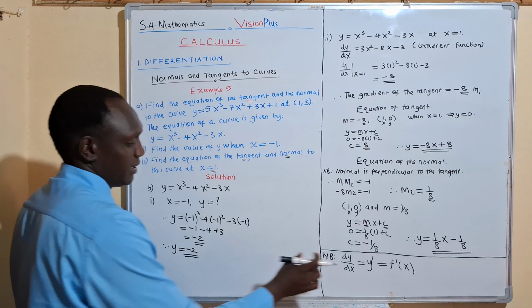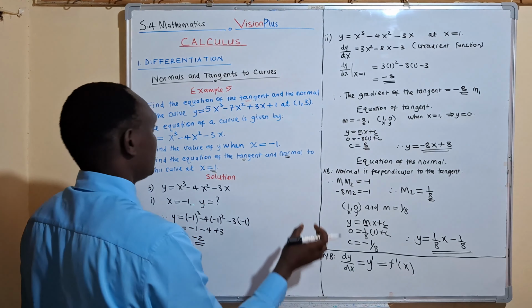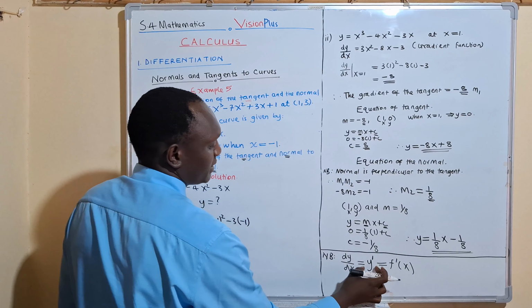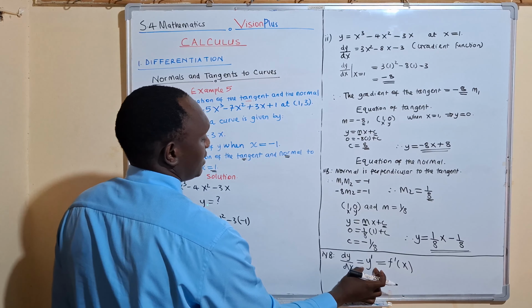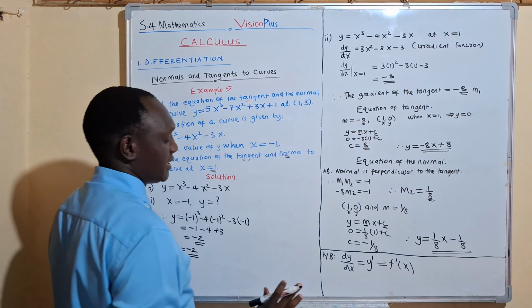So instead of writing dy/dx, like in this case, like here, someone could write y prime. You say y prime equals, everything remains the same.